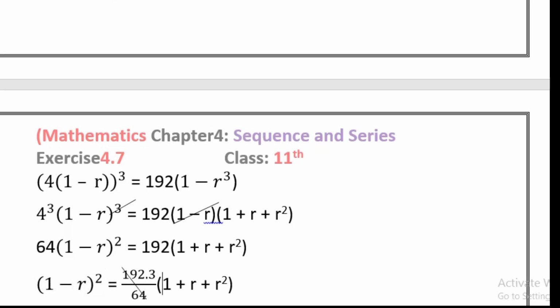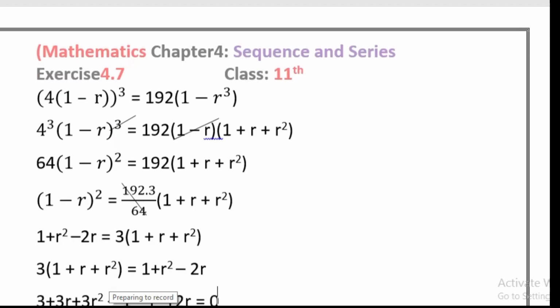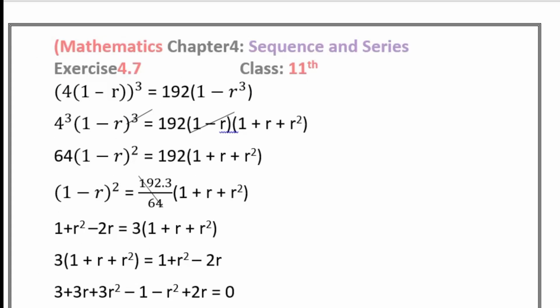Dividing by 64 on both sides, 1 minus r whole square is equal to 192 divided by 64, which is 3 times, into 1 plus r plus r square. So 1 plus r square minus 2r is equal to 3 into 1 plus r plus r square. Taking the right hand side to the left hand side: 3 plus 3r plus 3r square is equal to 1 plus r square minus 2r.